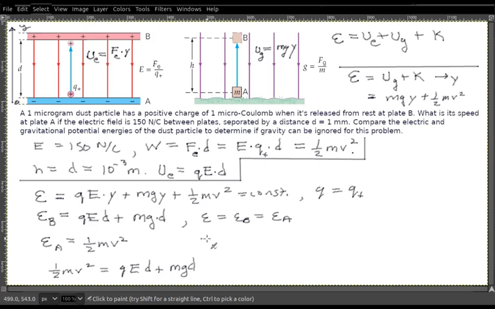So we're going to want to compare what? Now it's numbers time. We're going to want to compare UE is equal to what? UG is equal to what? And that's these two terms actually.